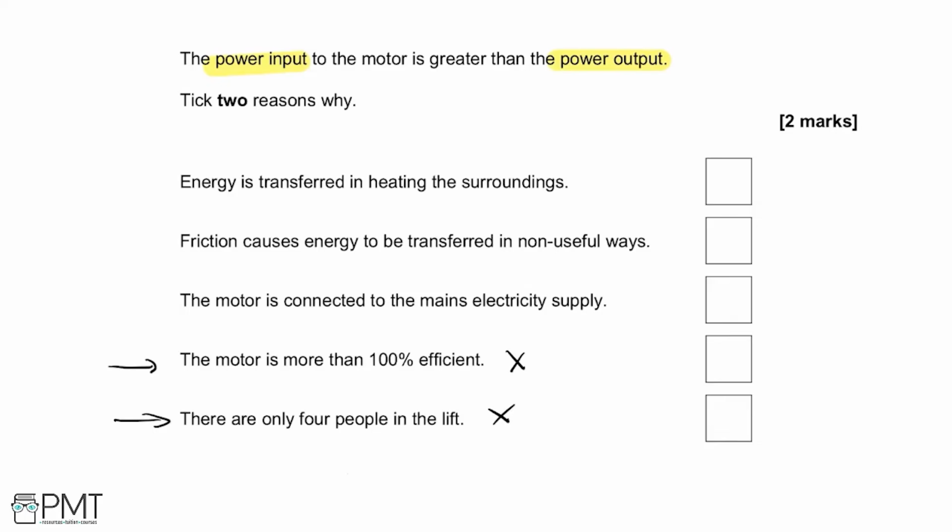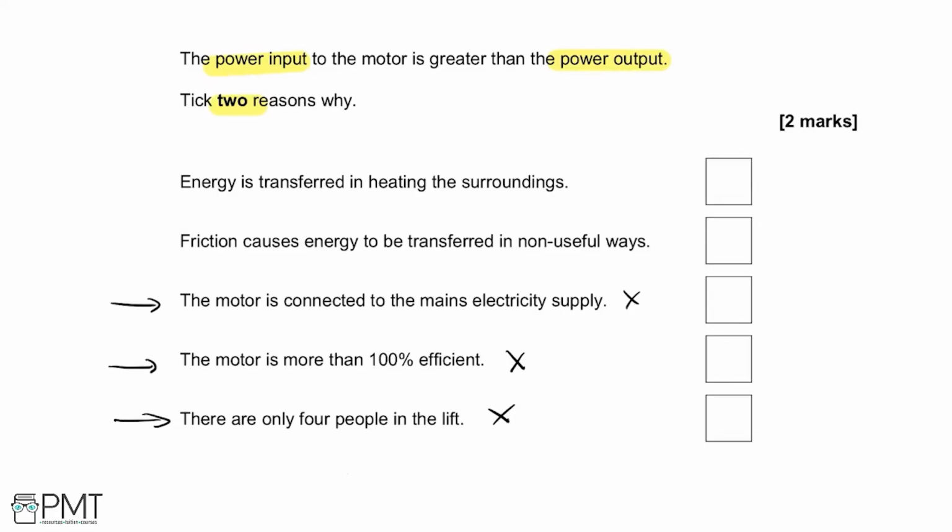The motor is connected to the mains electricity supply. Well, again, whether or not it's connected to the mains electricity supply doesn't have anything to do with the power input being greater than the power output, so it's not that one. So that leaves us with 2, and we're asked to tick 2 reasons why. The reasons these are true are, first of all, that friction causes energy to be transferred in non-useful ways.